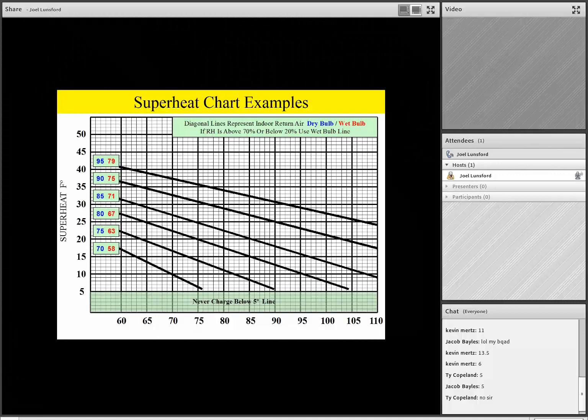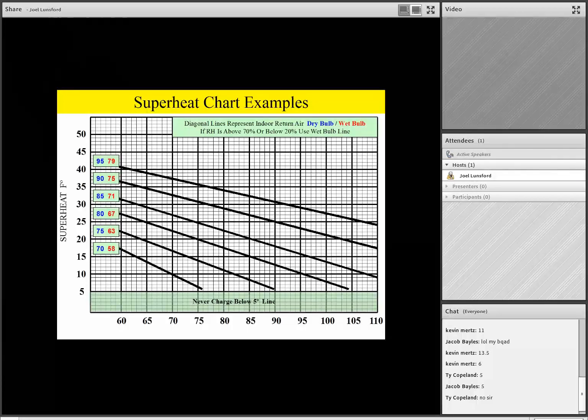So let's do one more example before we conclude with our superheat chart examples. Let's say in this final example we have a 30% relative humidity. Let's say we're in Albuquerque, New Mexico, with 30% relative humidity in the summertime, and we have an 85 degree return air temperature. So we'd be using the blue dry bulb line.